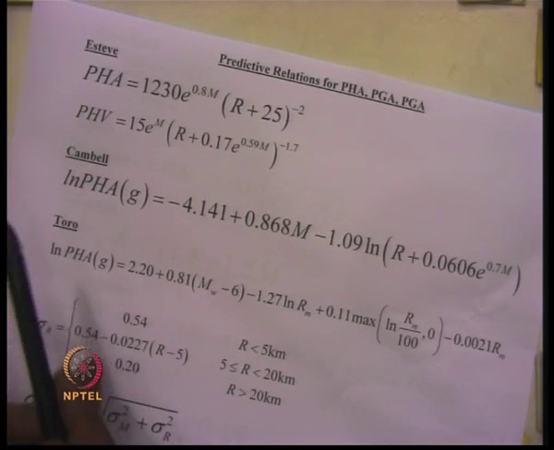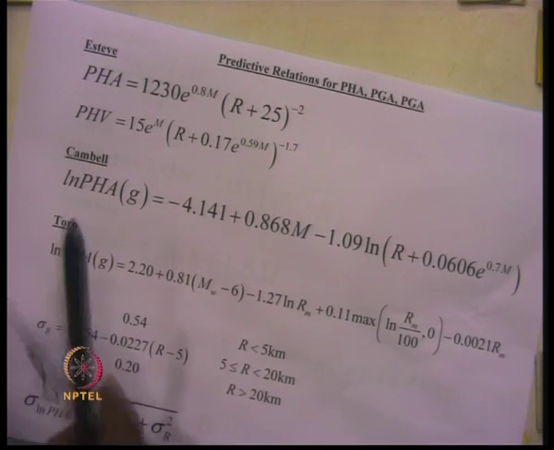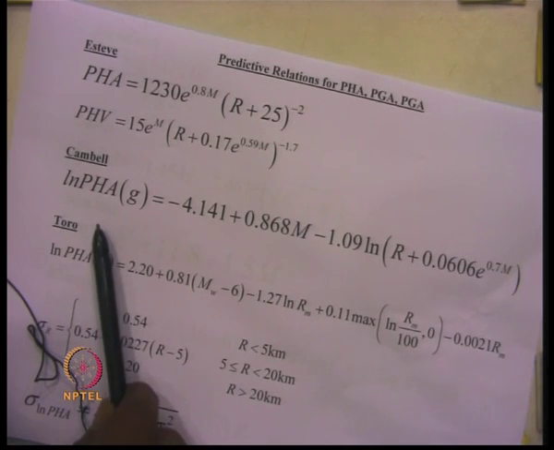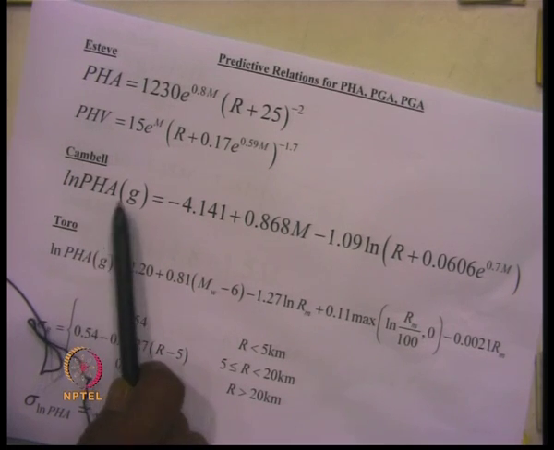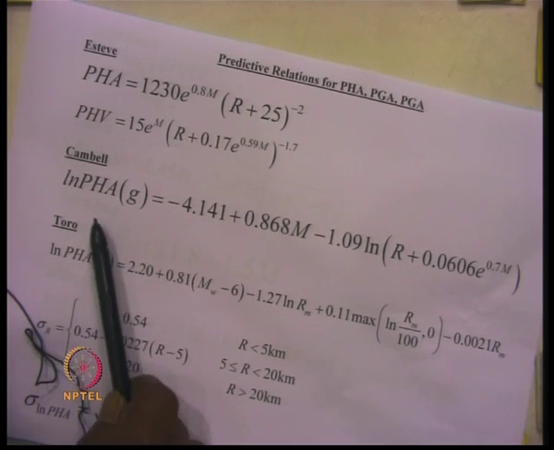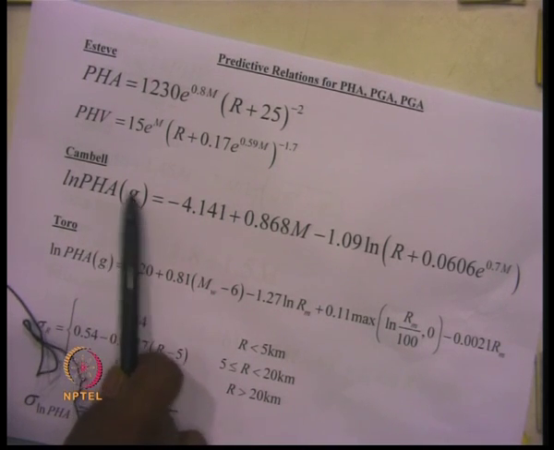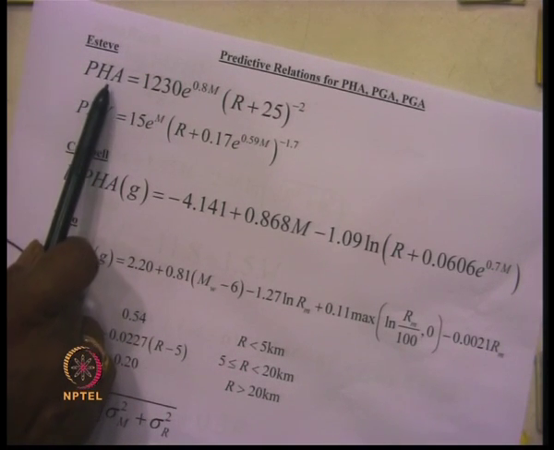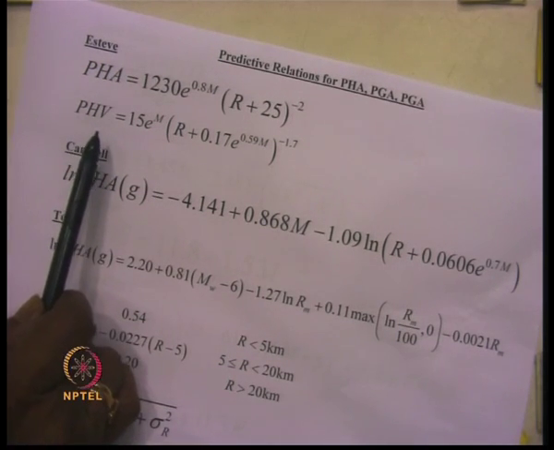Similarly, Campbell gave another predictive law for the peak horizontal acceleration, from the data set that he analyzed, and there the PHA is given in terms of the g unit. Here I forgot to mention that this PHA is given in terms of centimeter per second square, and obviously this is in centimeter per second.